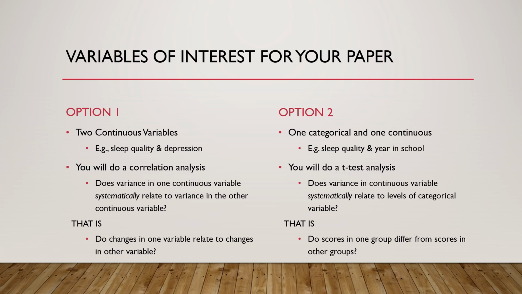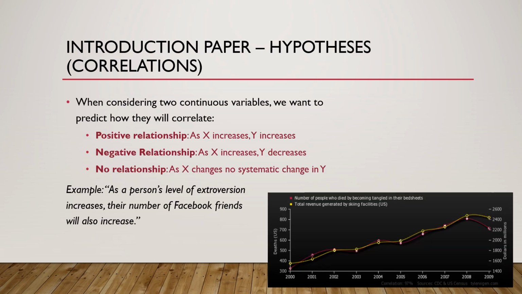So you chose one of these two options, and today we're going to talk about how to convert those into hypotheses. If you chose option one, the correlational option with two continuous variables, then the hypothesis you're coming up with is trying to predict how those two variables are related. Again, if one changes, does the other change in a systematic way?